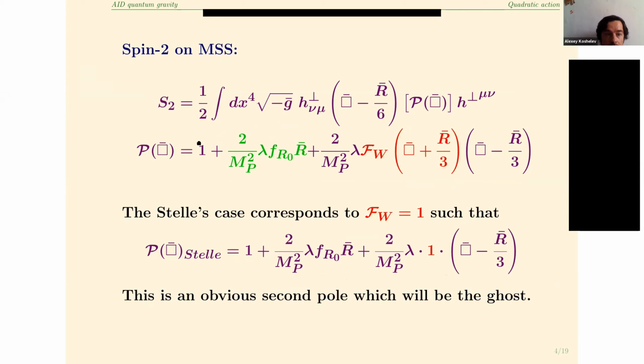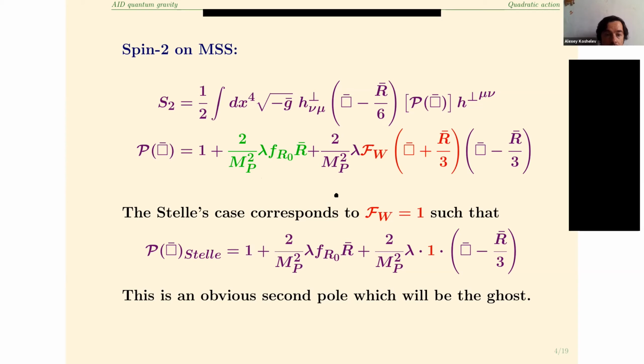This unit is just what you would get from GR, and this green part is what you would get from local R squared gravity. The rest is what you would get from whatever generalization with whatever F_W of box.